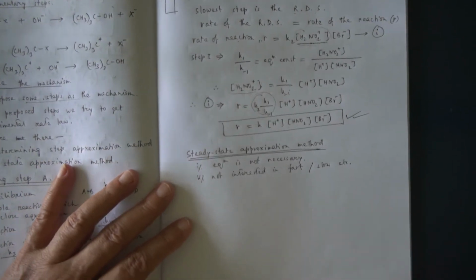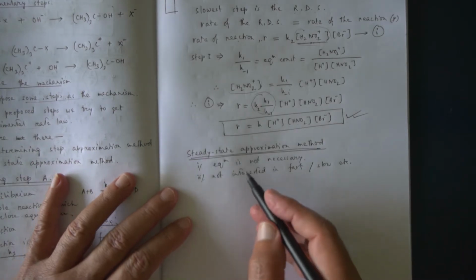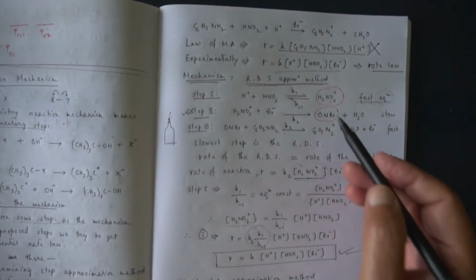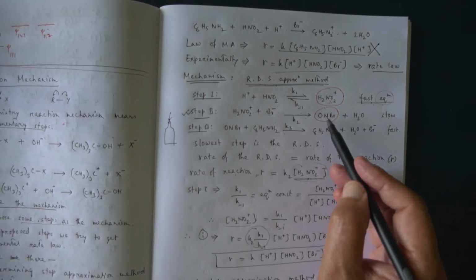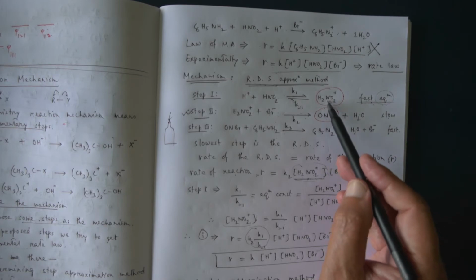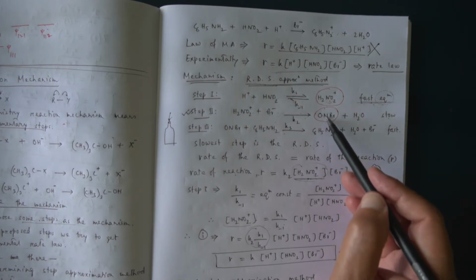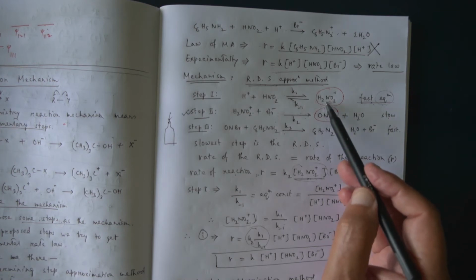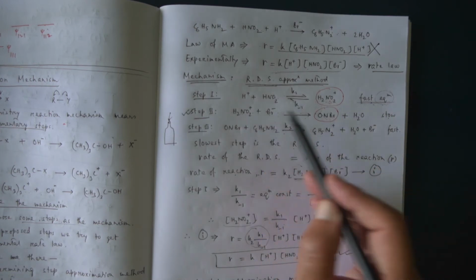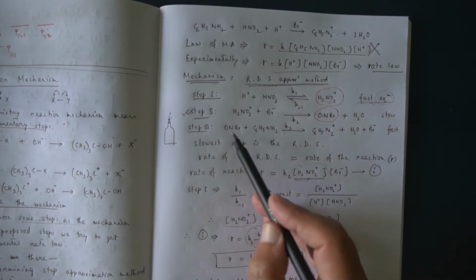Now, in this steady state approximation, we assume that intermediate concentration will be very low. Why? Because they are highly reactive. Once this is formed, this will at once react.